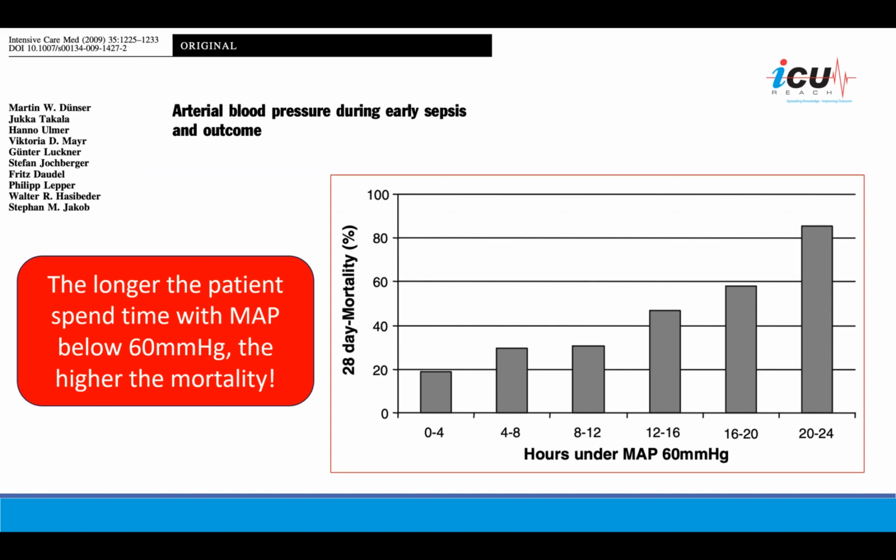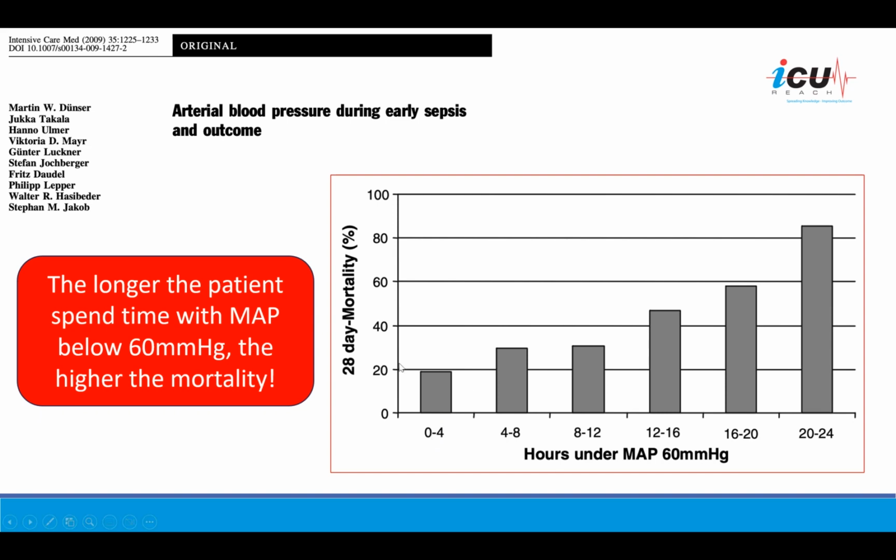And this study shows the outcome of patients with sepsis in relation to the arterial pressure. So you can see here, the longer the patient spent time with mean arterial pressure below 60 millimeters of mercury, the higher the mortality.